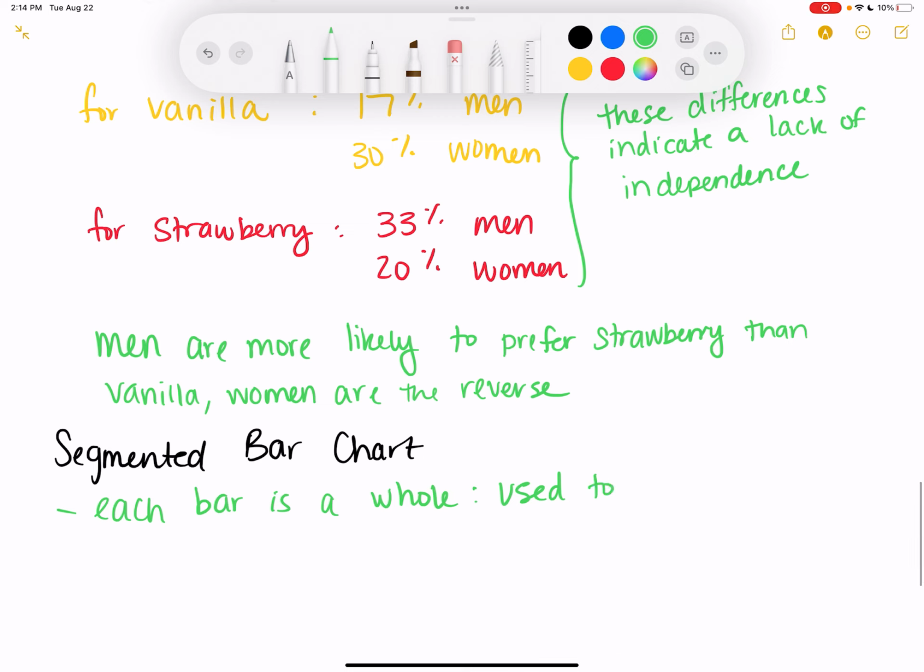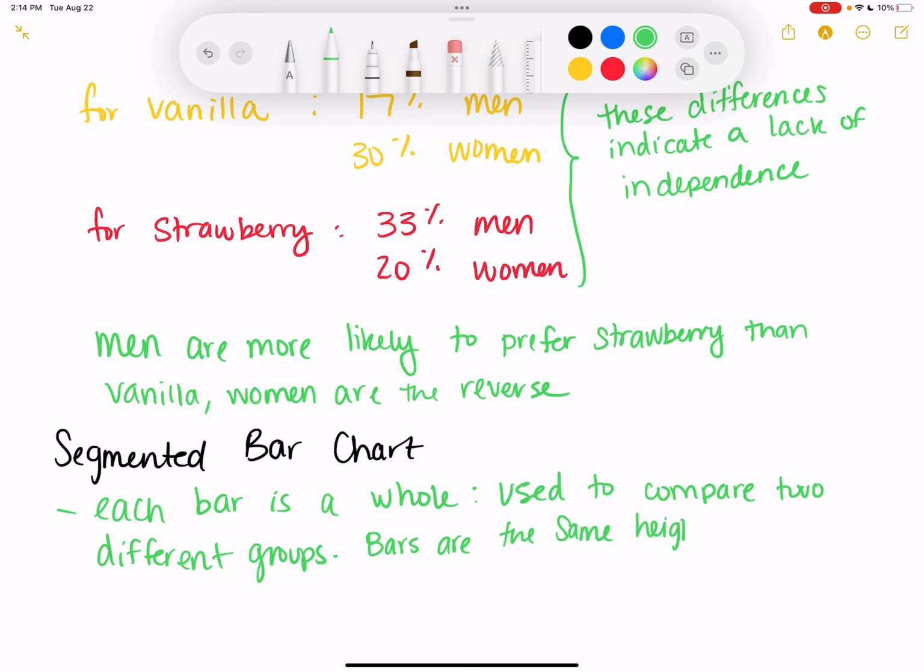It's used to compare two different groups. Bars are the same height. To compare relative frequency, not counts.